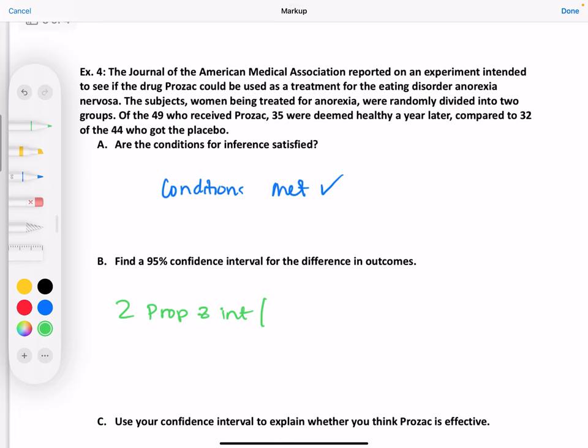For X1, we're just going to say that they received the Prozac is going to be 1, and then the other is going to be 2. So it'll be 35, 49, and then the placebo 32, 44, and then our confidence interval of 0.95.